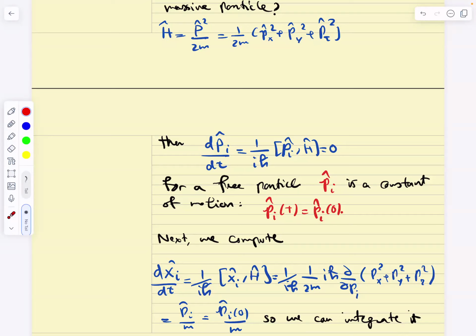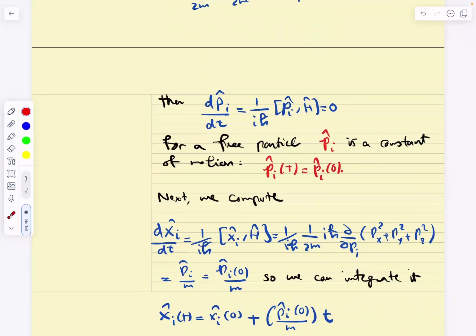So I only care about the px part because x and py and pz commute. I have xi, so I have to take the derivative with respect to pi. And what I find is that dxi/dt is pi over m, but we found that pi is independent of time, so this is pi of 0 over m.